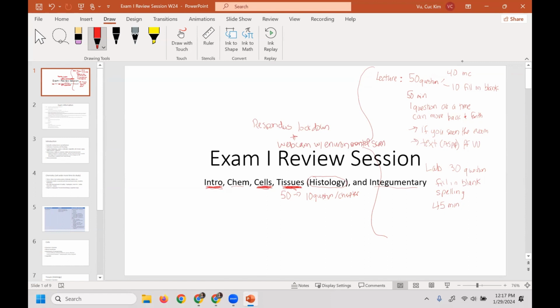Now, I just wanted to let you know that I never look at the environmental scans. The only time I look at them is if Respondus LockDown flags you. They flag students if the students are not in the camera or if they're looking around.